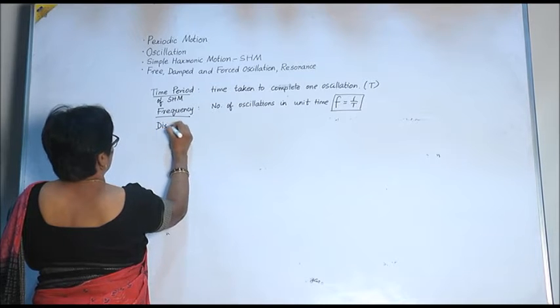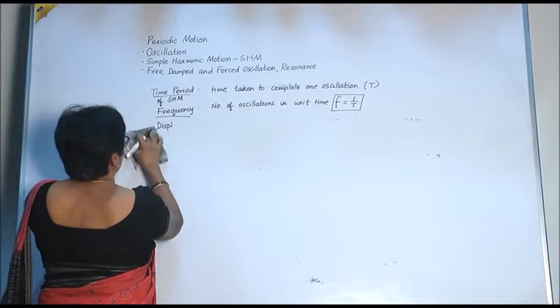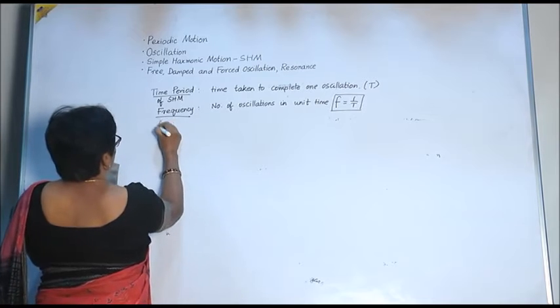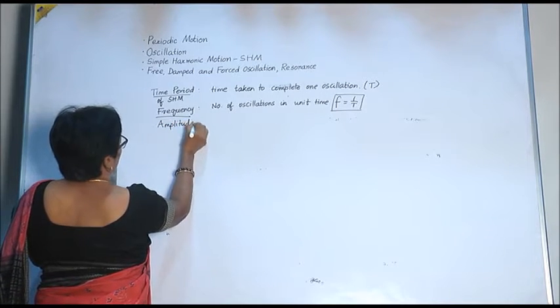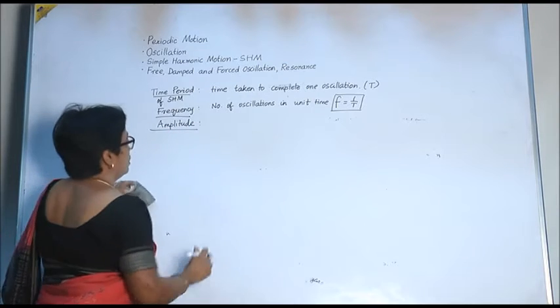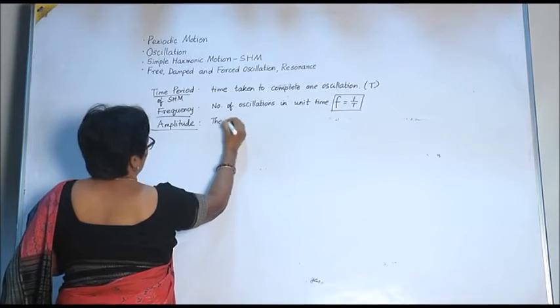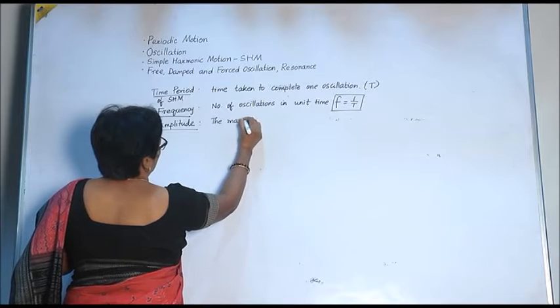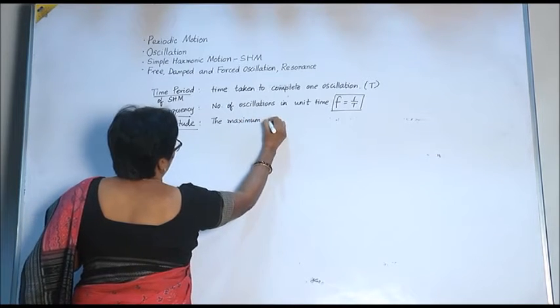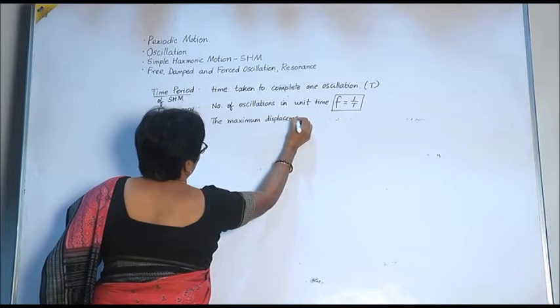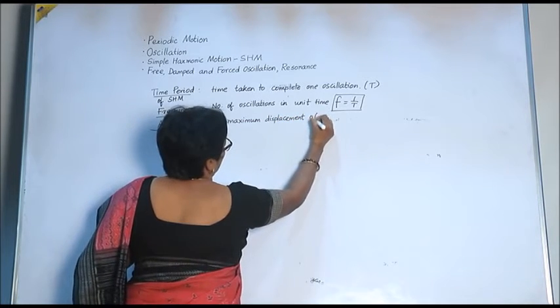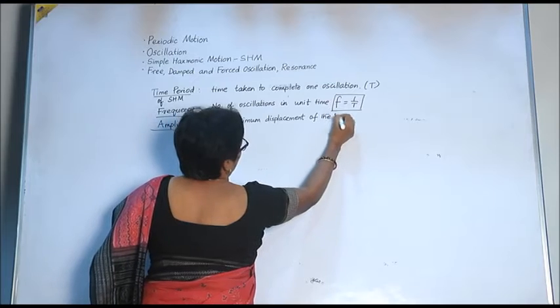Then I can represent displacement, or let me write before that, amplitude. The maximum displacement of the body from the mean position.